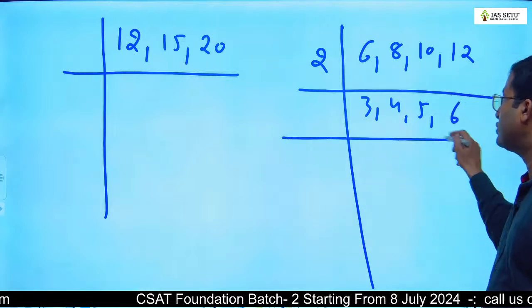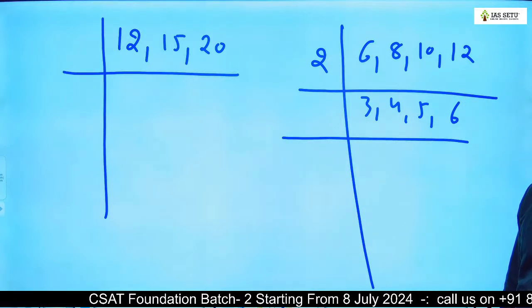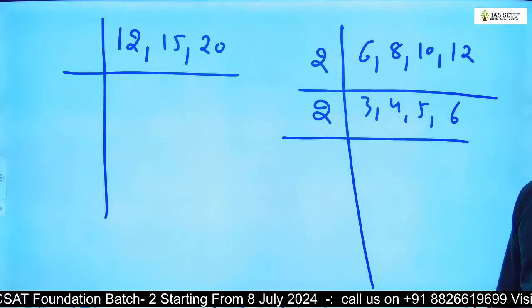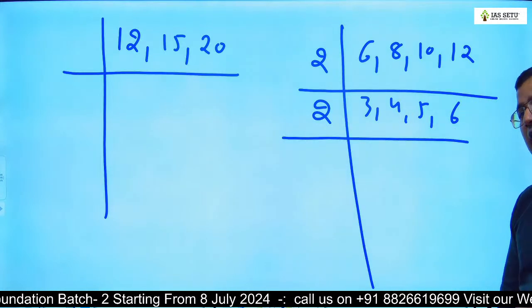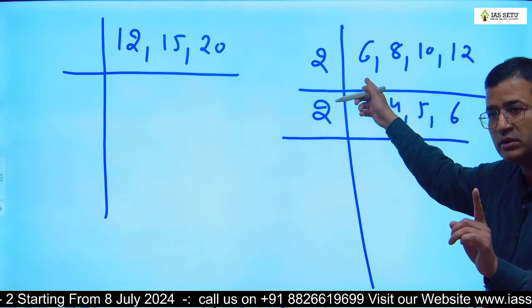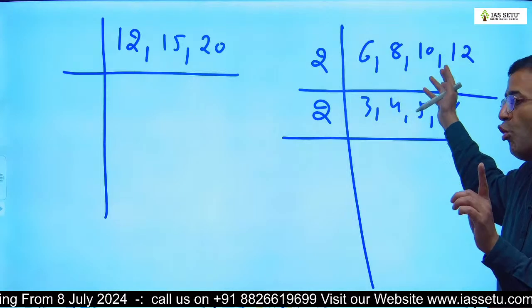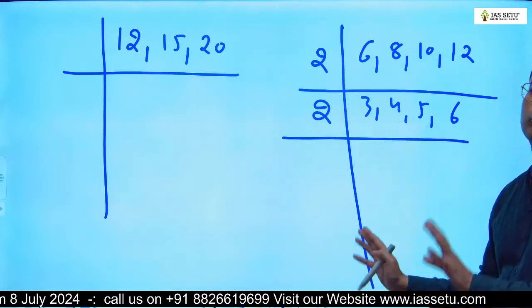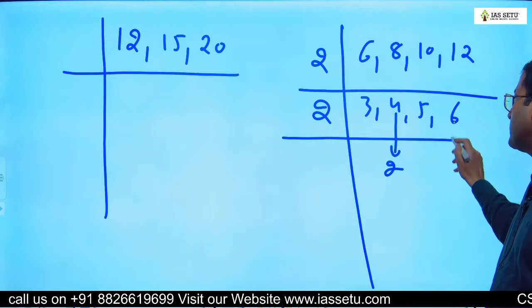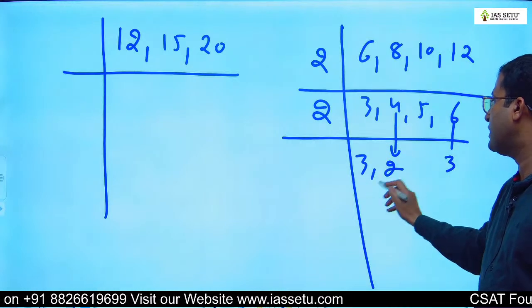Like here, 4 and 6 are even numbers, so you can take 2 common from 4 and 6. So as long as common factors keep coming, you have to take first preference from all the numbers. If you can't take from all, from 2 numbers also you have to take common. So 4 will become 2, 6 will become 3, as it is.